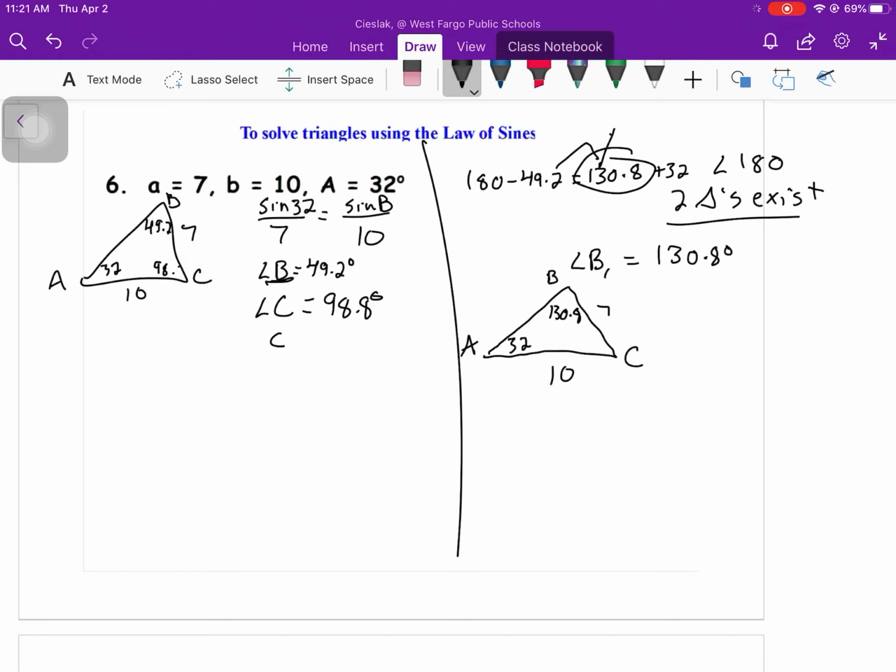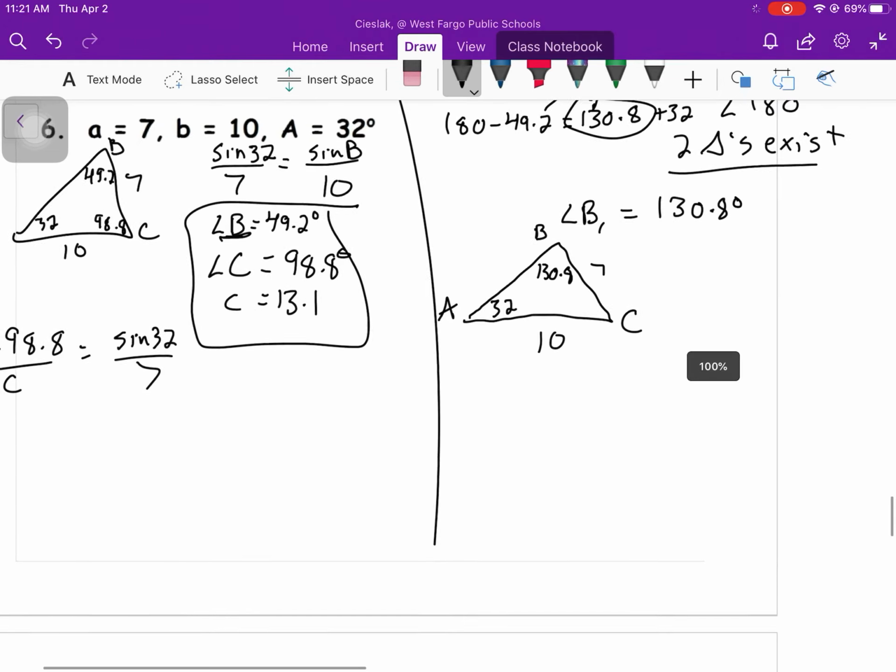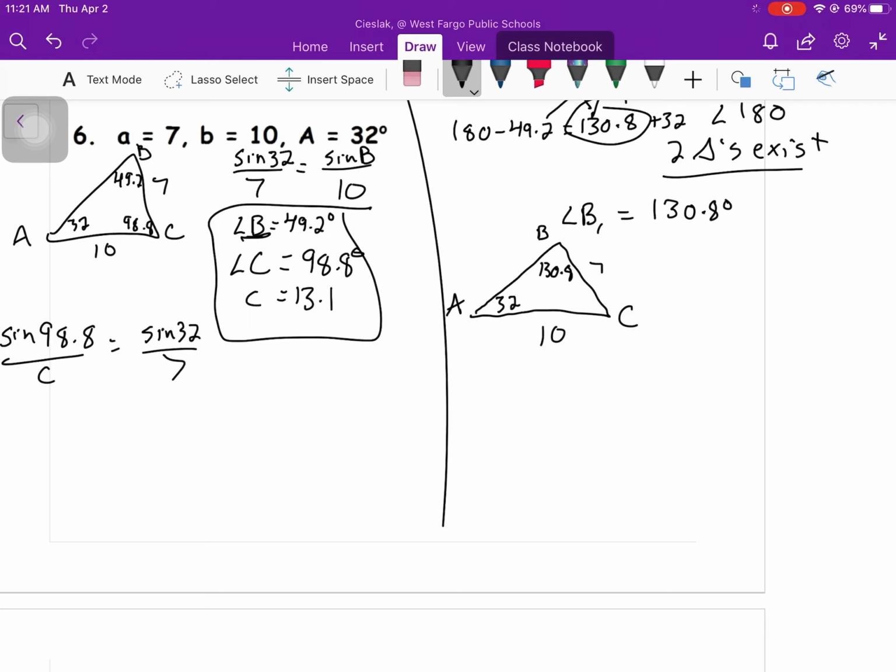And then the only thing I have left to find is side C. So I could say sine of 98.8 over C is equal to sine 32 over 7. Typing that into my calculator after you get done cross multiplying would give me that this is approximately 13.1. So there's 3 of my answers.